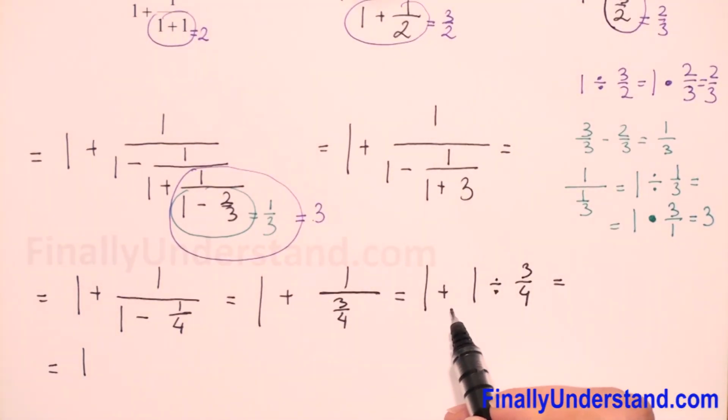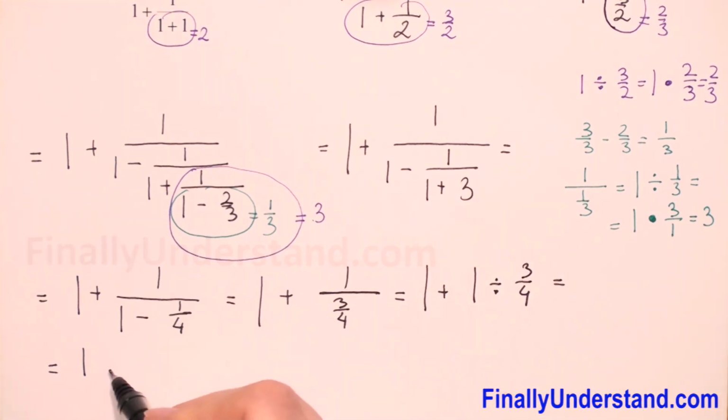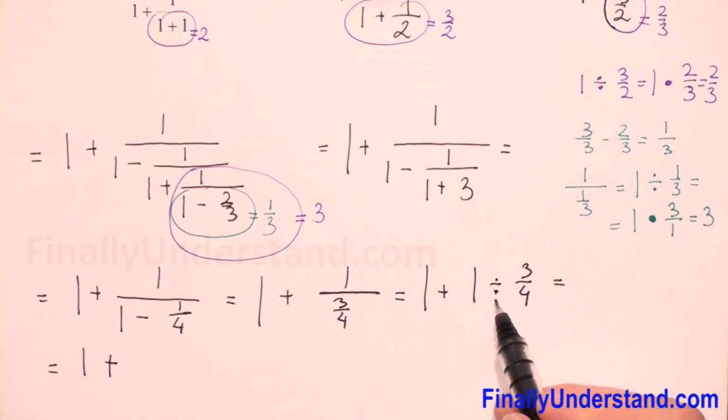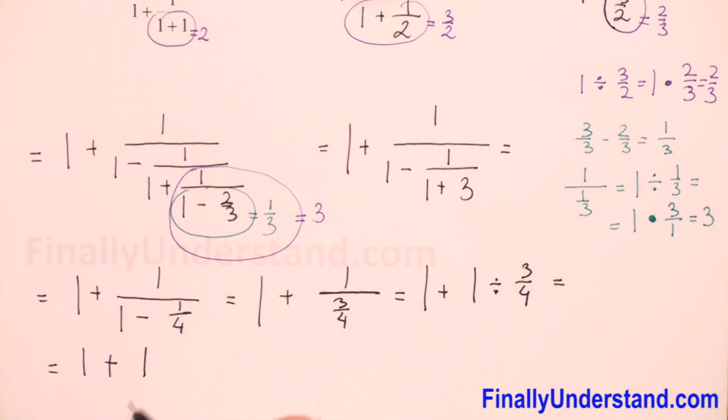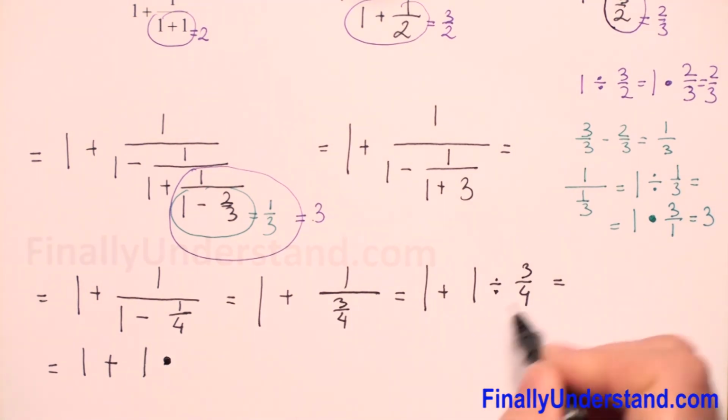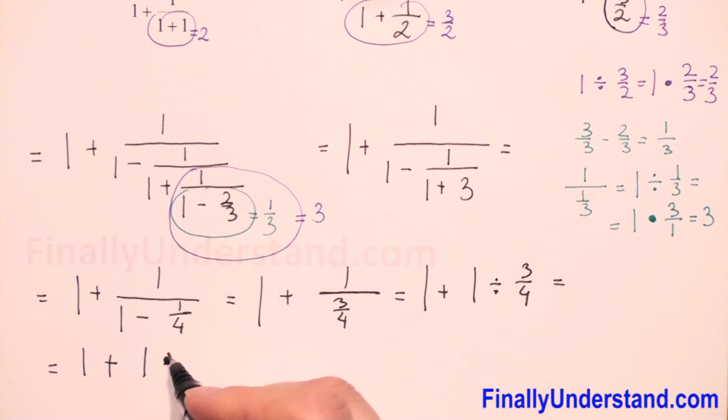next addition. So we have 1 plus, and we can always change 1 to a fraction, but 1 over 1 is still 1, so I didn't do this. So we just copy 1, and division we change now to multiplication, and we flip 3 over 4, so it will be 4 over 3.